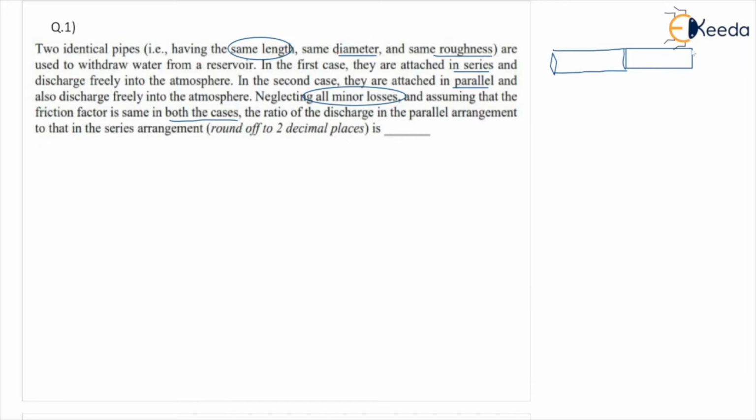L is the length of the pipe, D is the diameter of both the pipes, and F is the coefficient of friction.